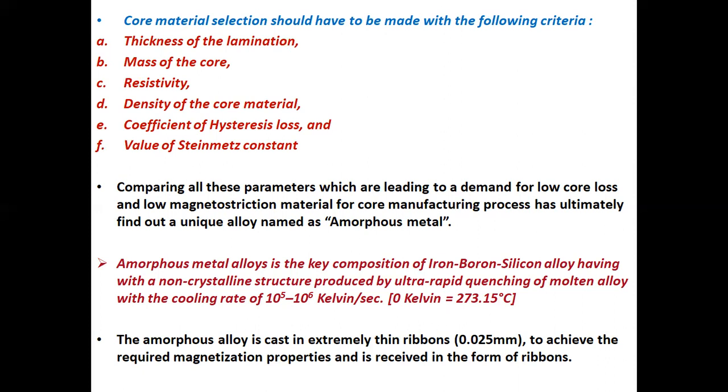The amorphous alloy is cast in extremely thin ribbons, of thickness 0.025 millimeter, to achieve the required magnetization properties, and is received in the form of ribbons.